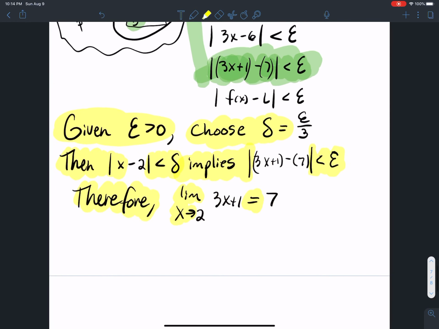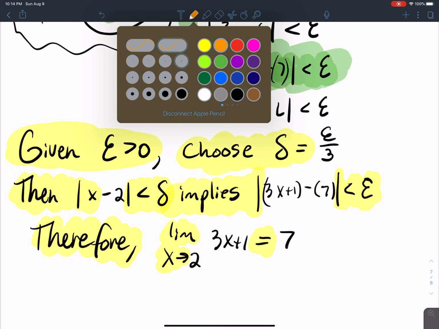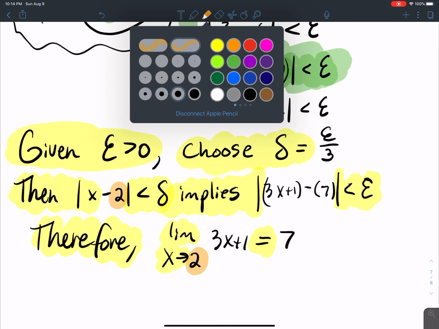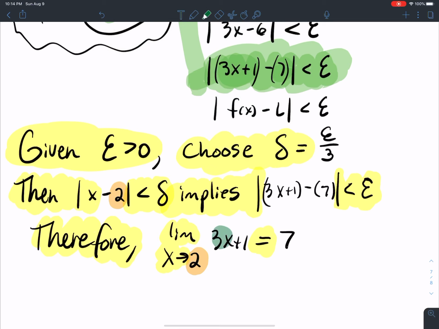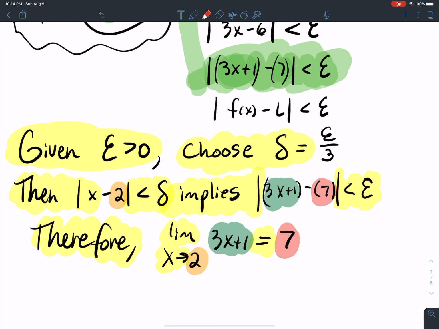And so everything in yellow is always going to be like that, all right? And depending on what you're taking your limit as x goes to, so if x goes to 2, I'm going to put a 2 here, right? I'm going to put the 2 there, okay? If I have my function 3x plus 1, I put the function 3x plus 1 there. And then if I have my 7 here, then I put that 7 there.